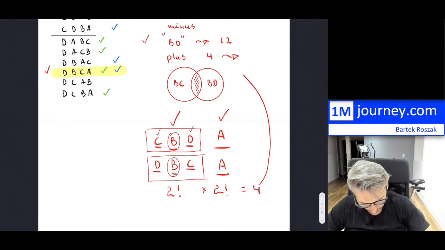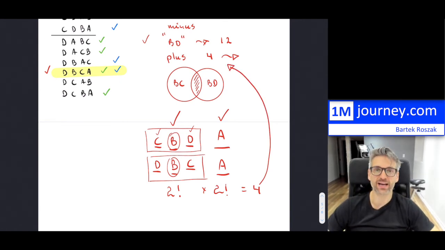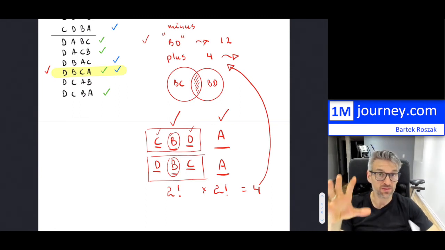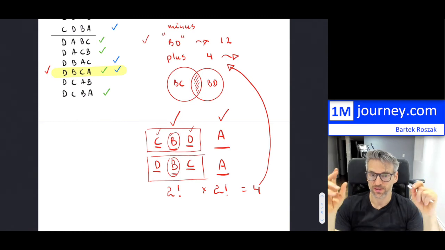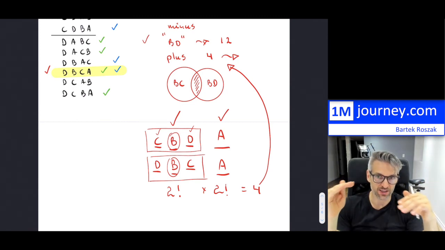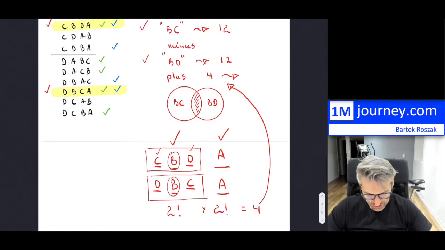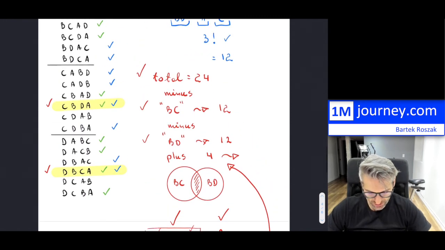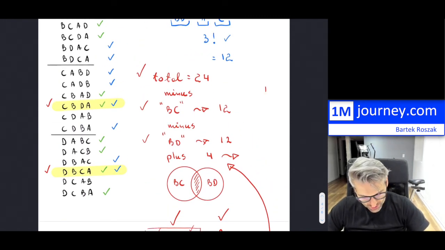And that's where this 4 comes from. We have to add that back because we subtracted it 2 times. And sometimes even in the solutions in textbooks, they forget that they have subtracted it 2 times.